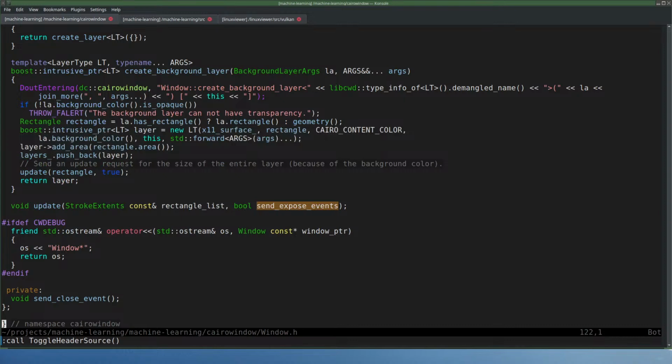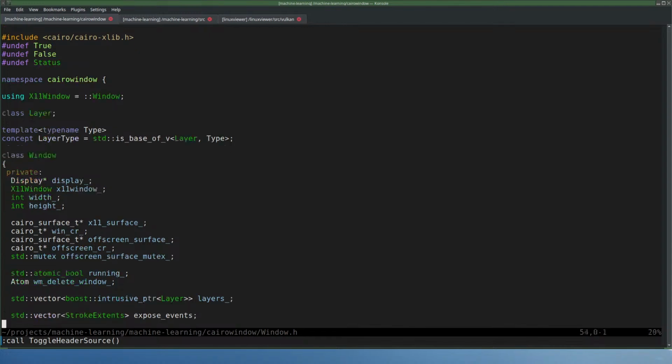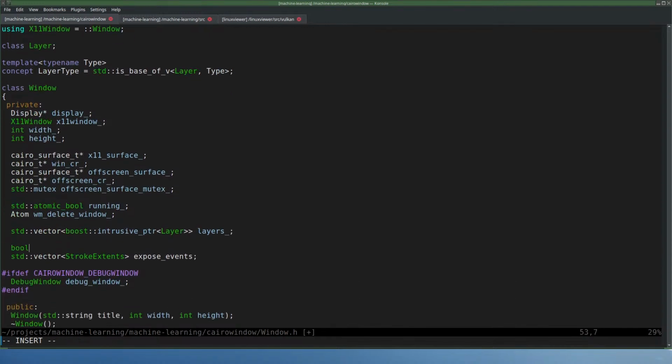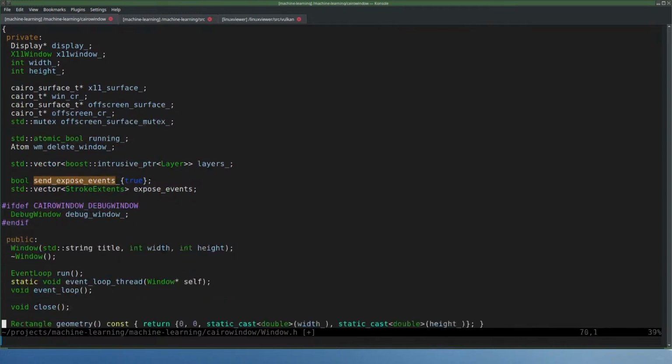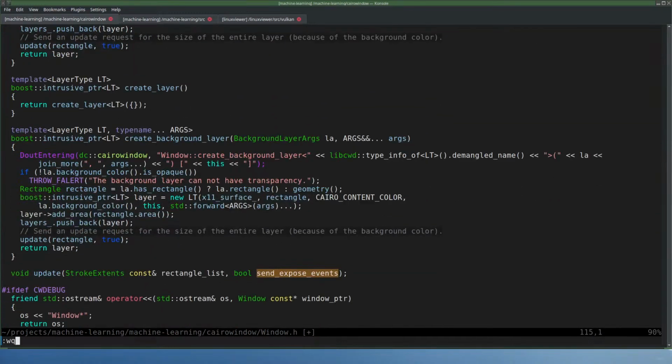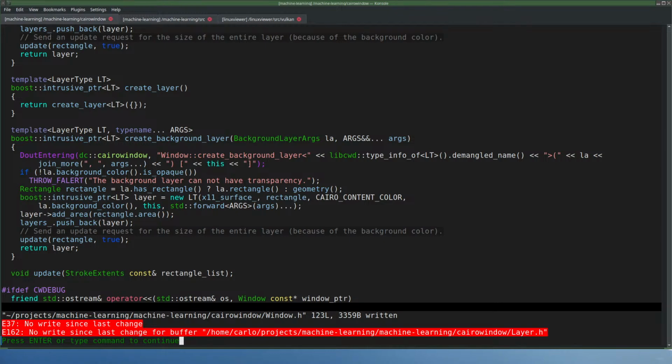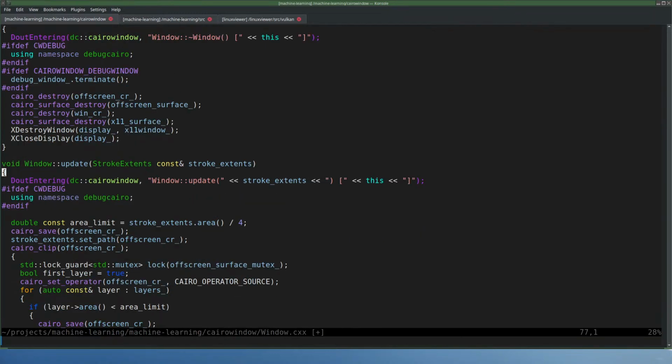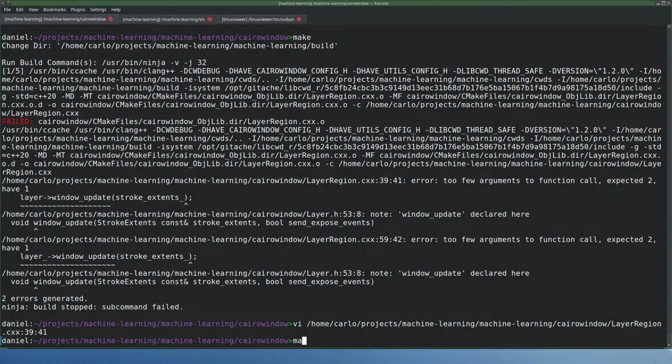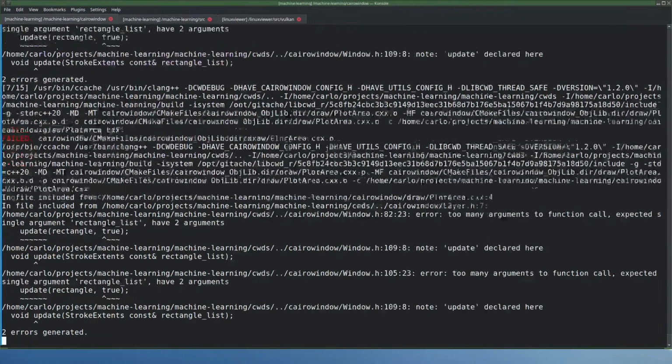The window itself should have a boolean here called send expose events. Let's make that true for now. And then, okay, so everything should compile again except for things that I changed that I should not have changed, if I didn't change it back in the meantime.